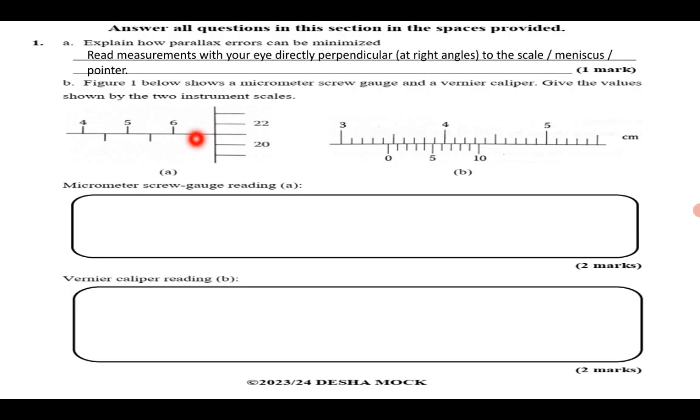So the reading here is 6.5 millimeters, and you add that to the reading here, which is 21. But remember to multiply the 21 by the least count for the micrometer screw gauge, which is 0.01, and then you add the 2.